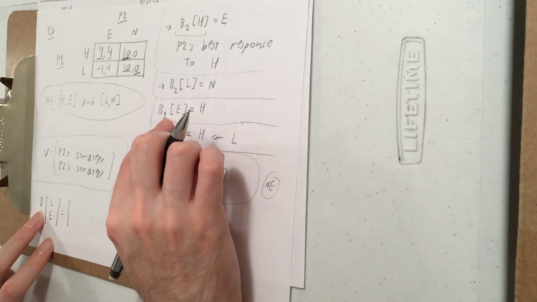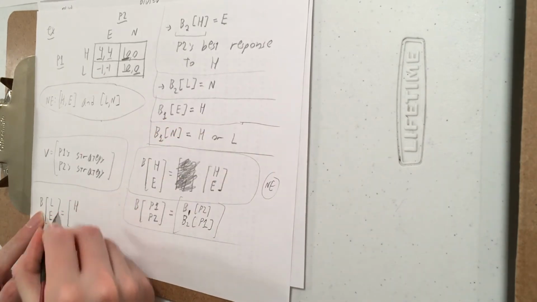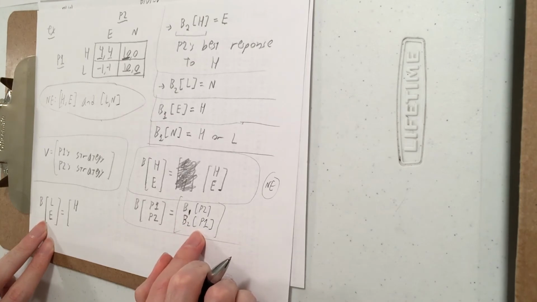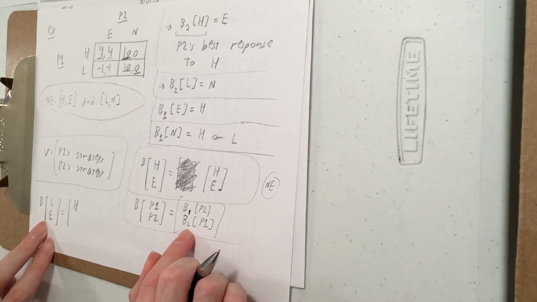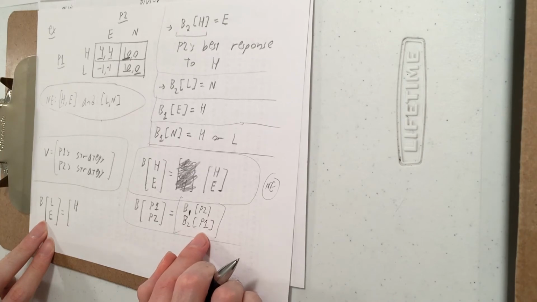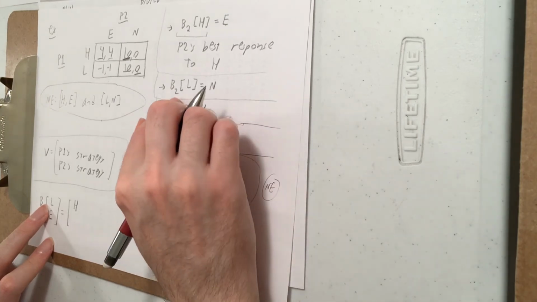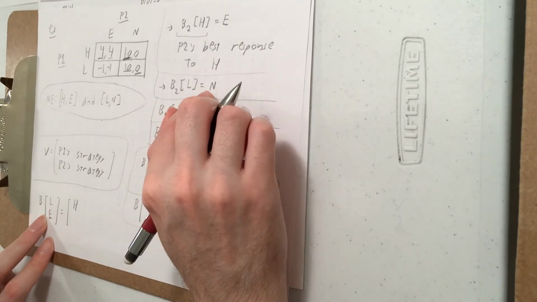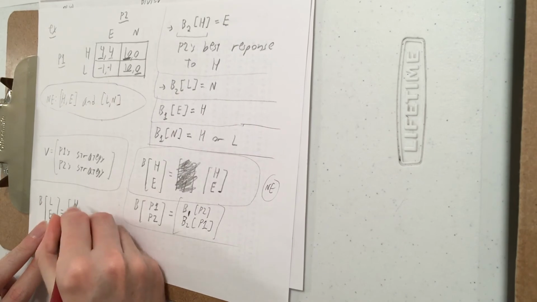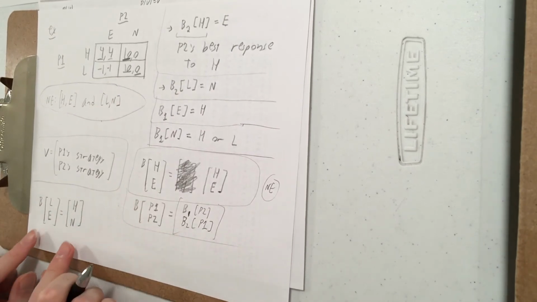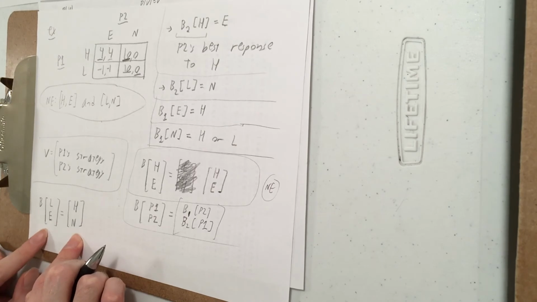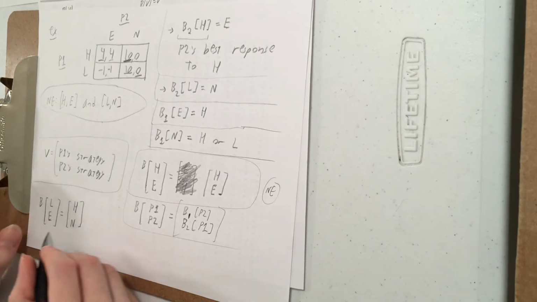That's H. On the bottom, we put player 2's best response to player 1. Player 1's doing L over here, so we find player 2's best response to L, which is N. So here, B of V does not equal V, so this is not a Nash equilibrium.